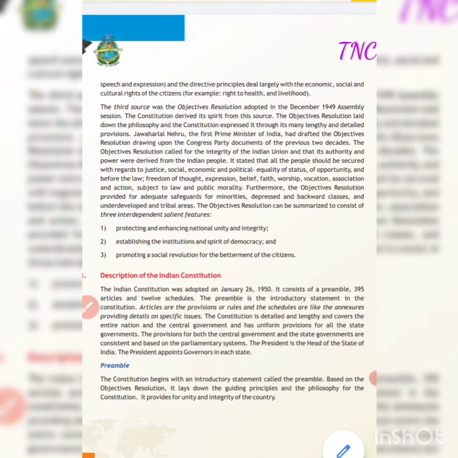But the condition was that public morality, public law and order situation should be maintained. You are not supposed to do something that will affect the harmony and law and order situation of the society, or that will adversely affect the situation.